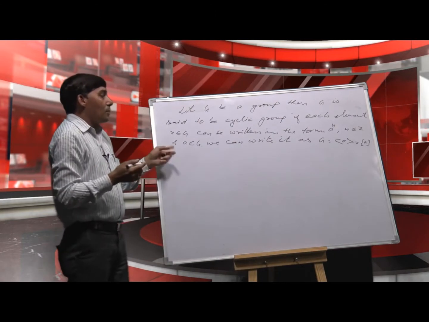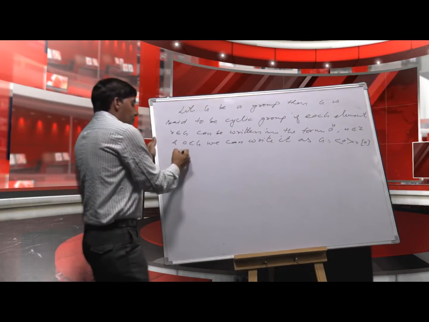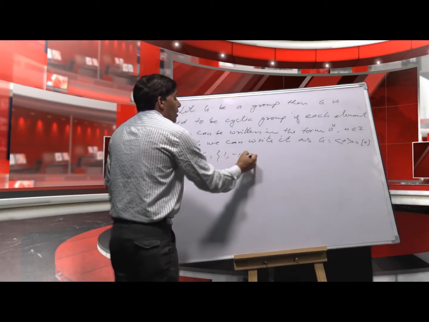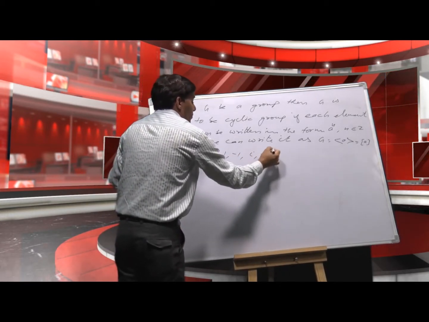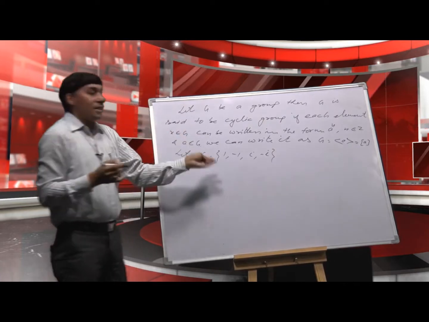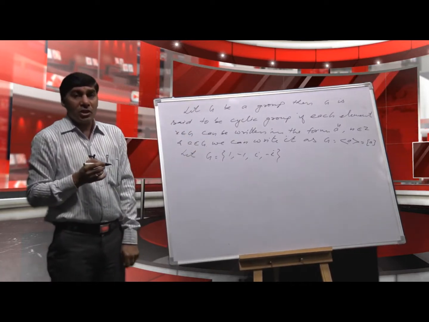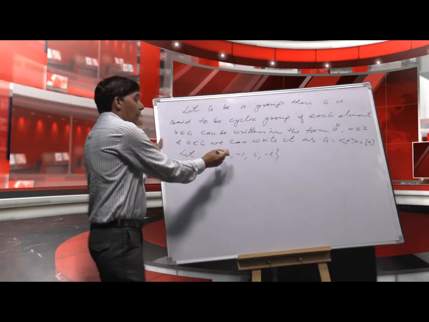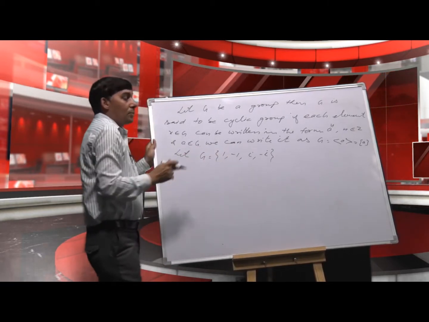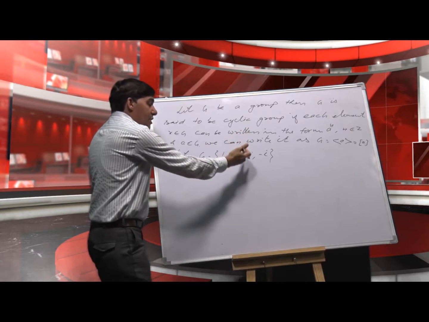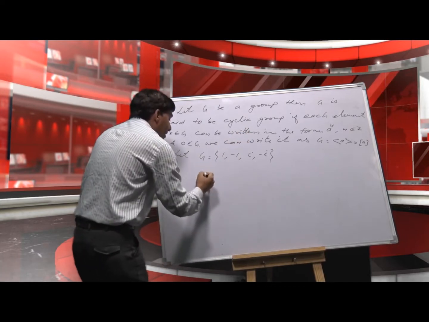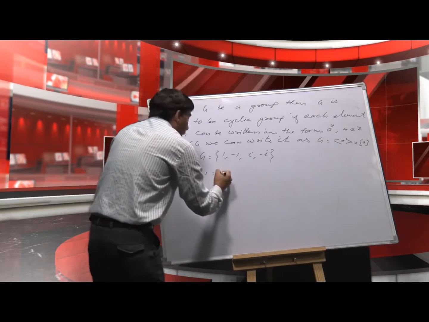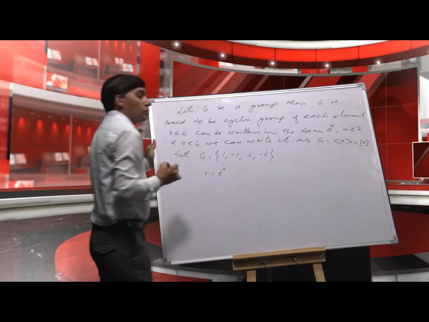We discuss the example. Let G is equal to {1, minus 1, iota, minus iota}. It is a group with respect to multiplication, and we see every element of G can be written in the form of a single element. 1 we can write as iota raised to power 0.